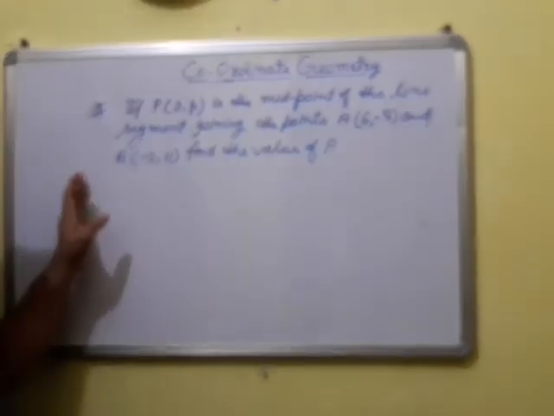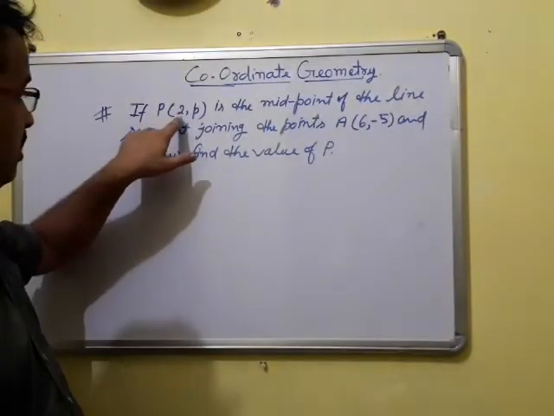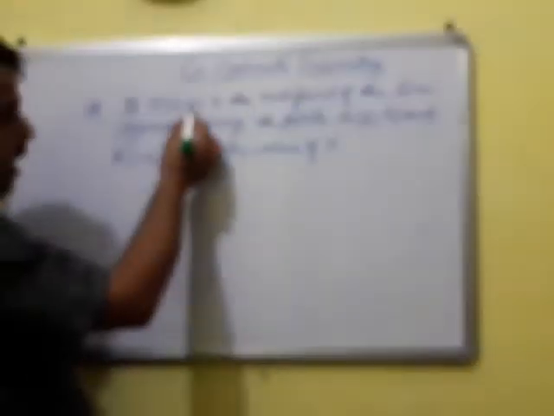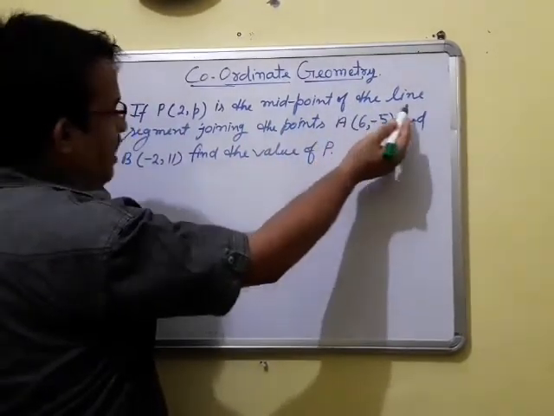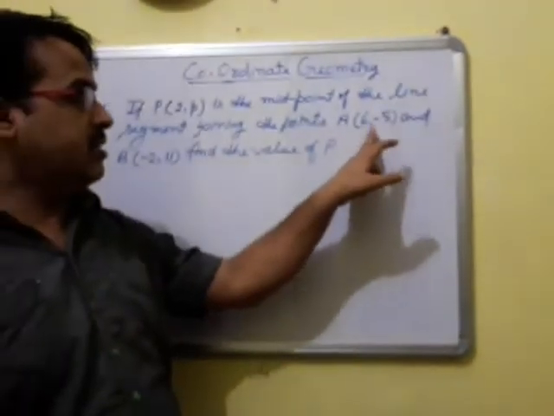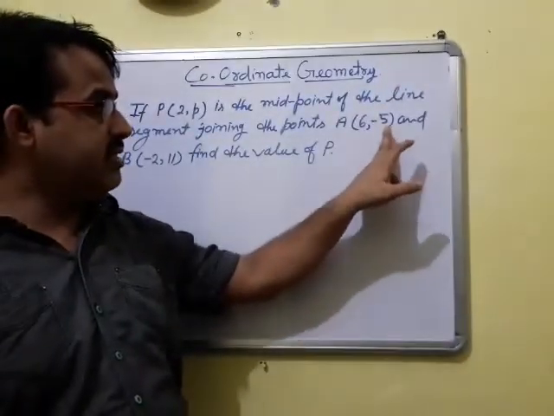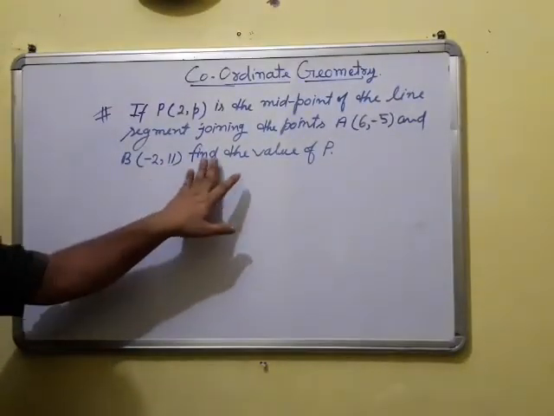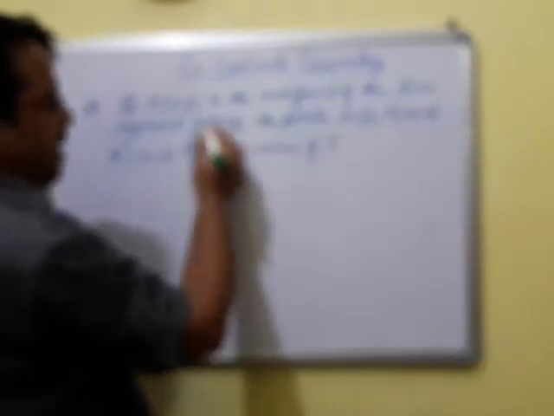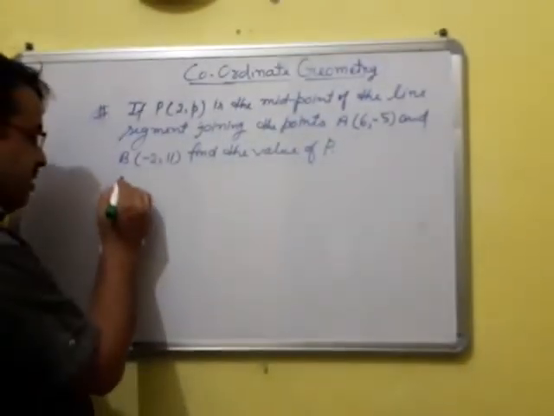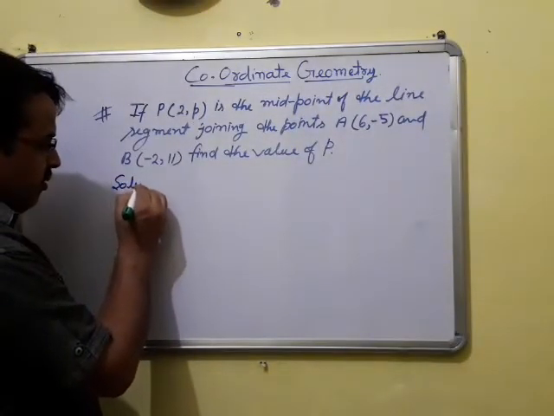Here is the question: if the point (2, P) is the midpoint of the line segment joining the points A (6, -5) and B (-2, 11), find the value of P. Here is the solution of this problem.